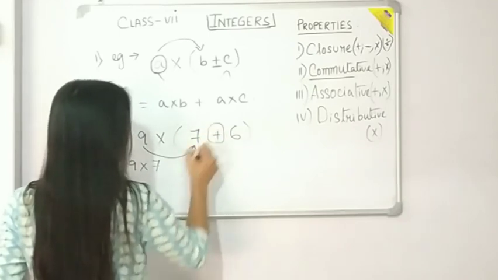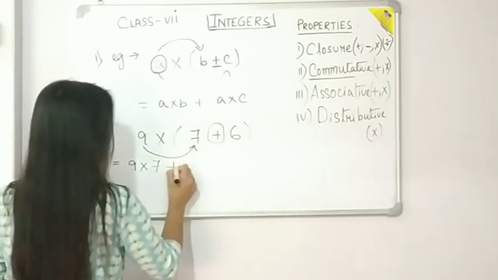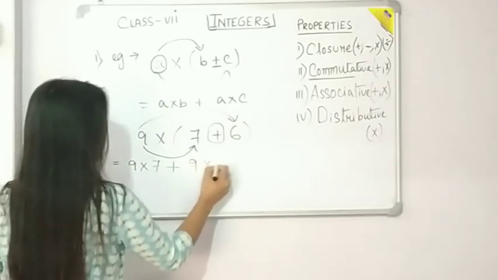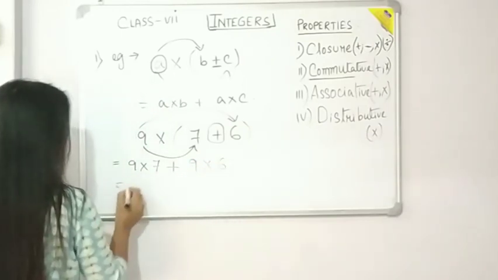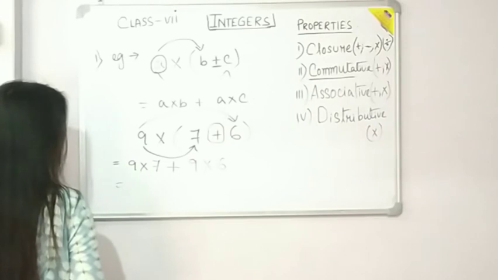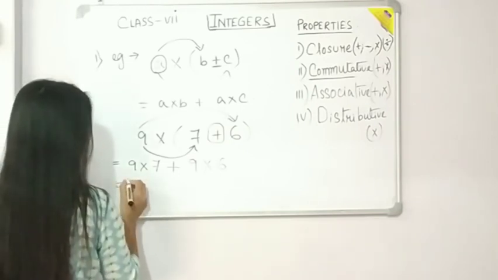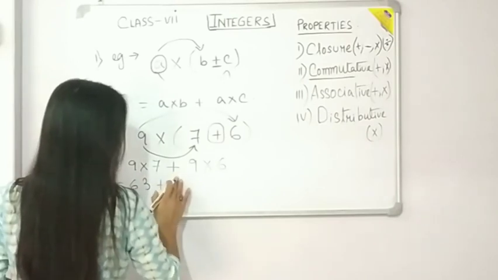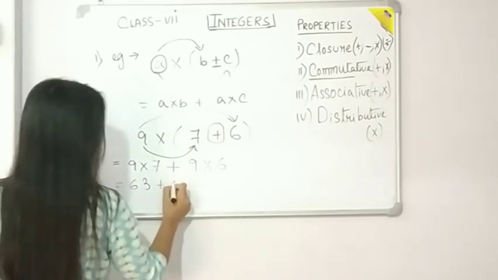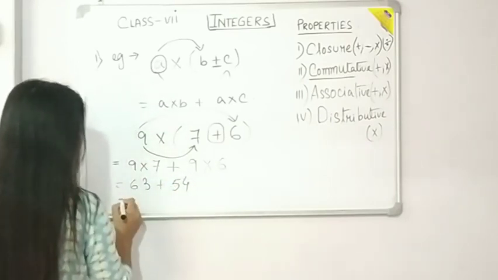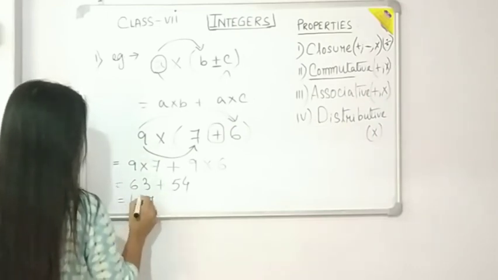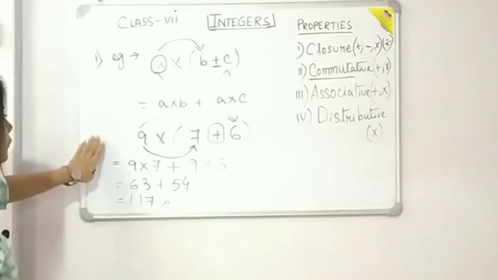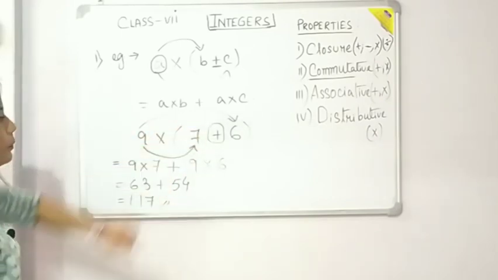And what is the sign provided to us? Plus. And then again 9 will be distributed with 6. So what are we getting? 9 sevens are how much? So in this way we have to find out distributive property.